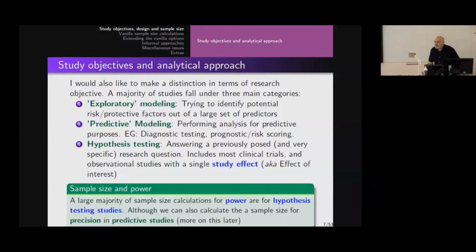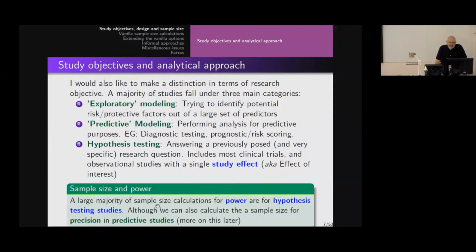Does BMI increase the risk of type 2 diabetes? I've mentioned BMI, a particular exposure, and that should be in the title of my paper or the title of my grant. It should be the primary research objective. So BMI in that case is what we would call a study effect. It's not just one of many.